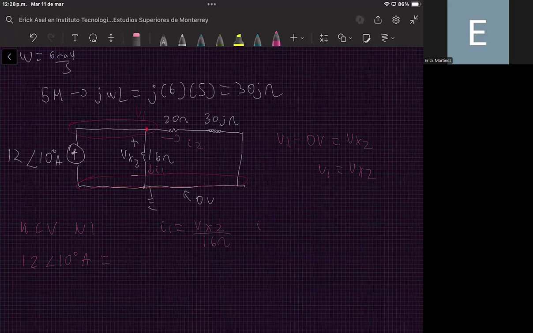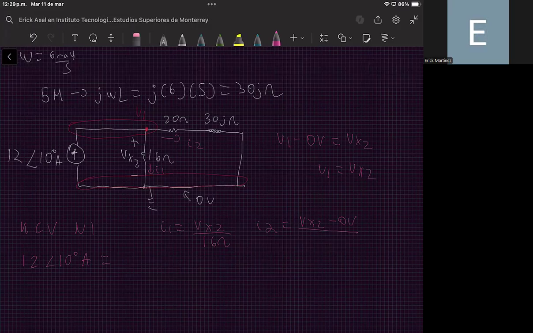And I2 is equal to the difference in voltage between node number 1 and the reference node, Vx2 minus 0, divided by the impedance.